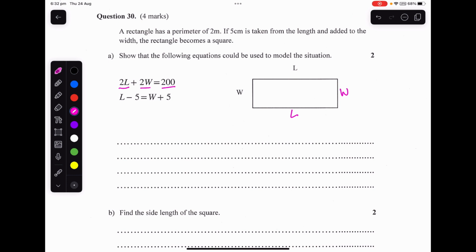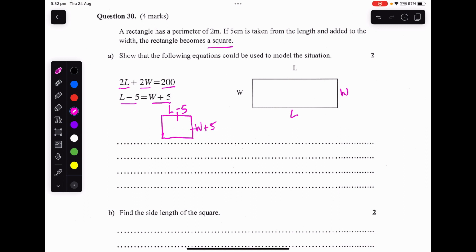Then we've got one here that says L minus 5 equals W plus 5. So what they're saying is we're going to take away, so I'm going to draw, because it says here that this is going to turn into a square. So let's draw a square. And if we go L minus 5, so if we take away 5 from our L, here's our L minus 5, and then we add 5 to our W, and it tells us that they're equal.